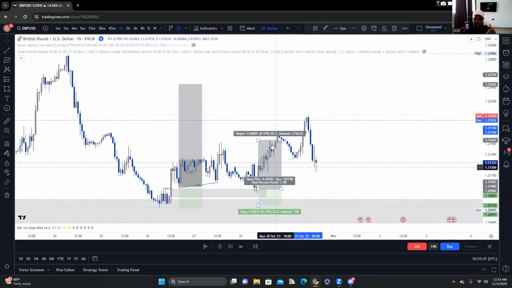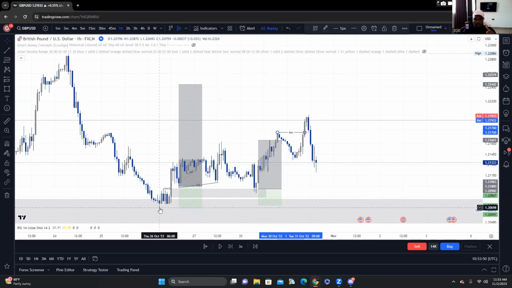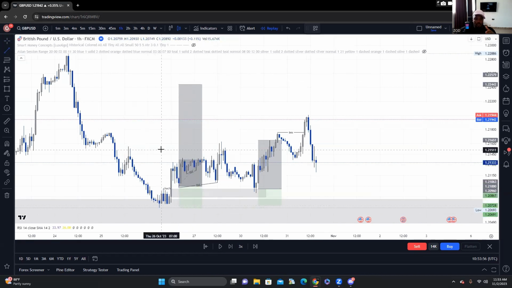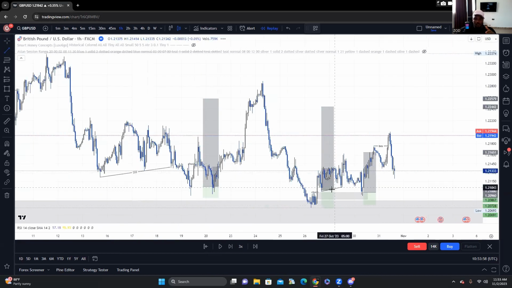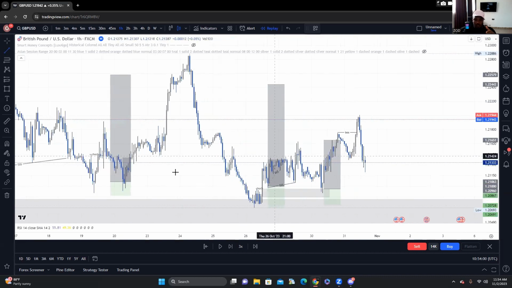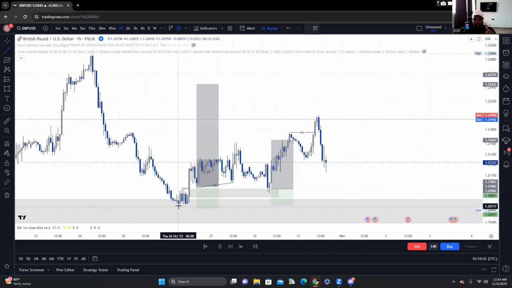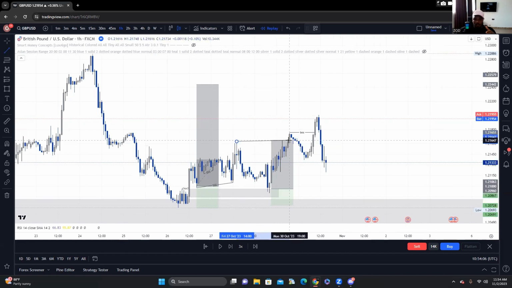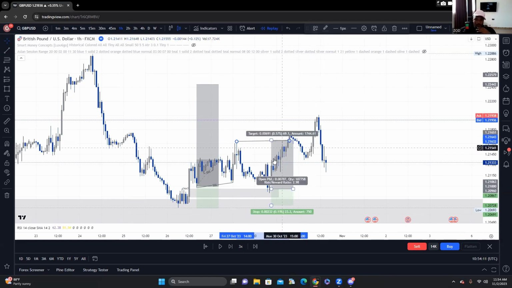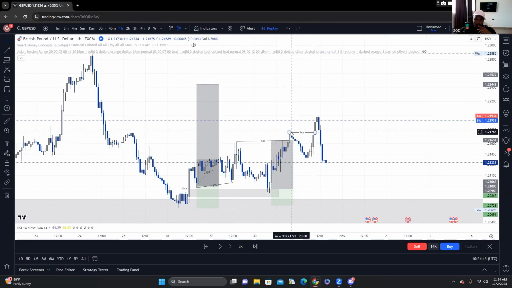Now, if you look at this again from this view, we have this low that put in this high, that put in this low. So this was where our first, okay, now on this smaller time frame here, right? We have this low, put in this high, put in this low. So here we have a break of structure here as well. Okay, we have a break of structure here. Now it retraced, took out this high, right?